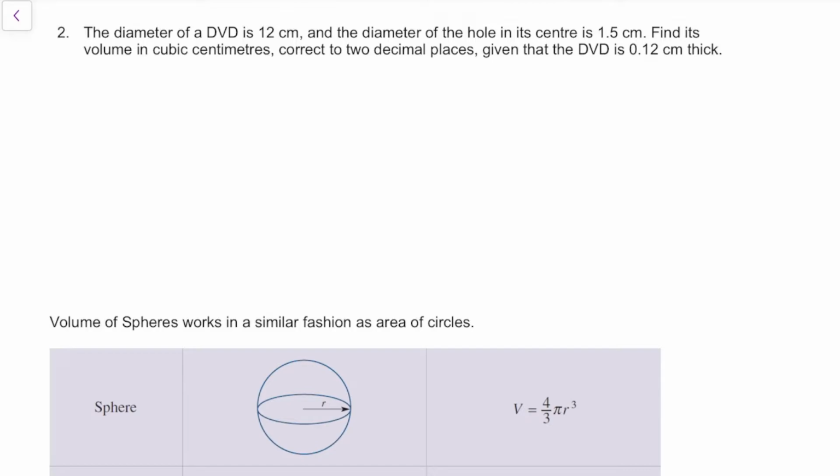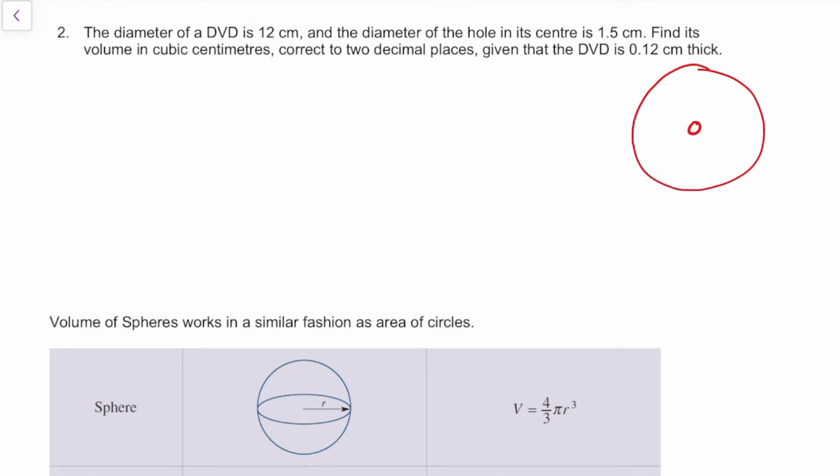So we have a diameter of a DVD. Now we don't have a diagram for this one, so let's quickly make one up. We have a circle, that's the outside of my DVD, and then I have another little circle in here. That's that center hole of the DVD.